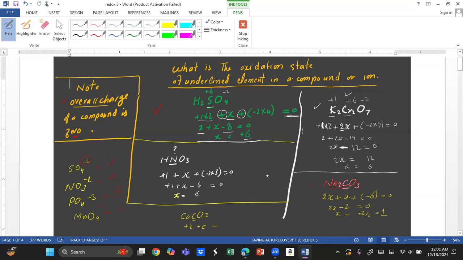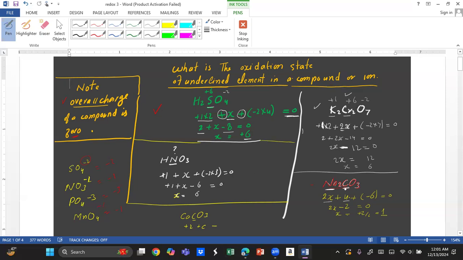Similarly, you can find it for sodium carbonate, Na2CO3. For carbon, it is X. We have to find it for, let's say, sodium. See, it is 2X plus carbon is 4, really sorry.